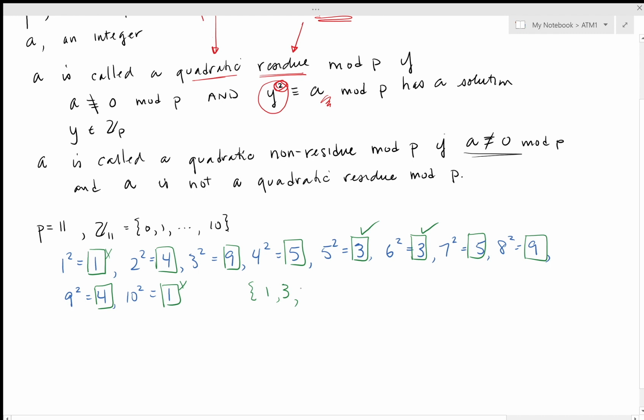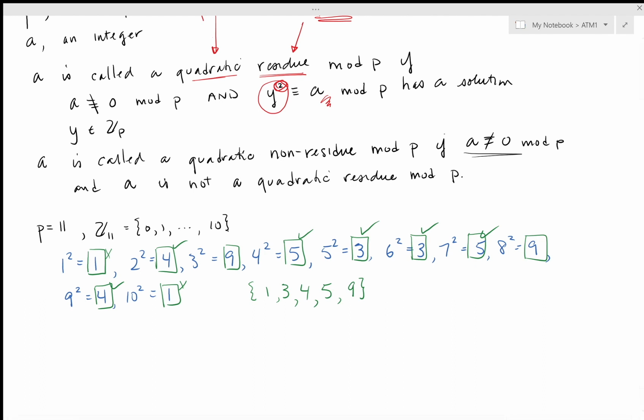I got 4, right here. And I got 5, here and here as well. I did get another 4, so I've taken care of that one. And then what other numbers do I have? 9. That's it. Those are the numbers that I got: 1, 3, 4, 5, and 9.